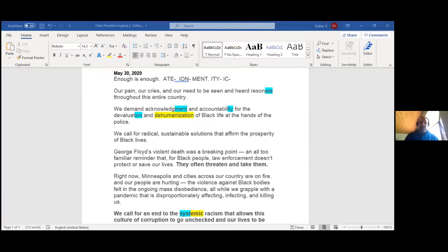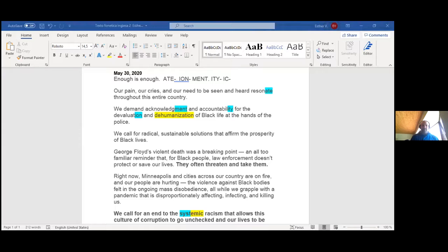The word acknowledgement, which is the syllable that is most prominent of all? The second one, right? From the four, the second one's no, right? Acknowledgement. Okay.